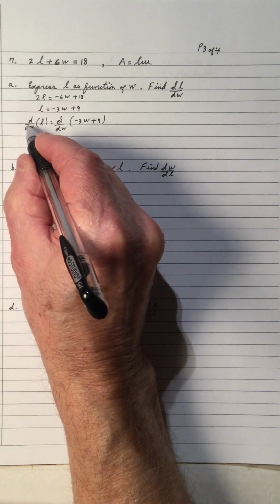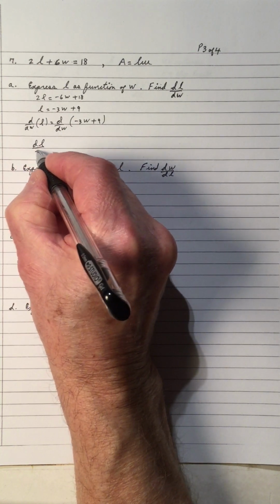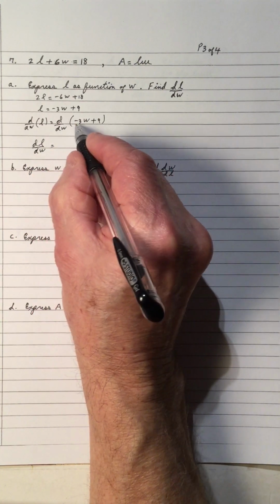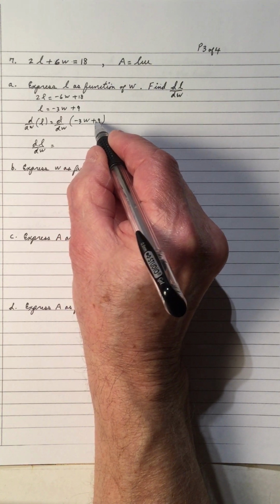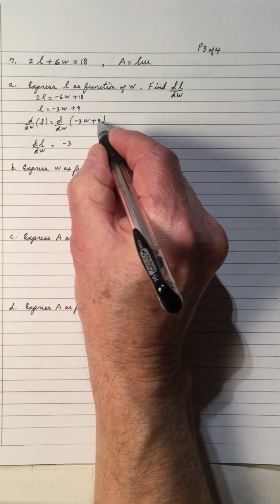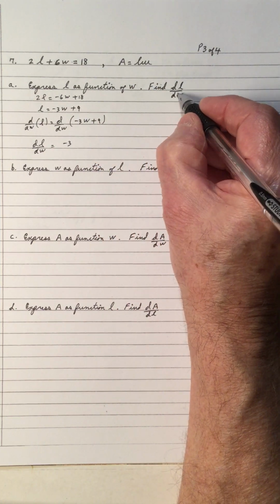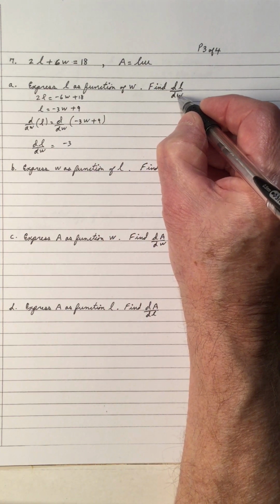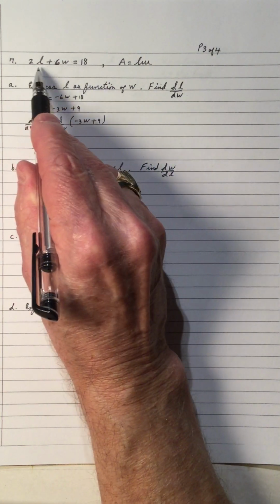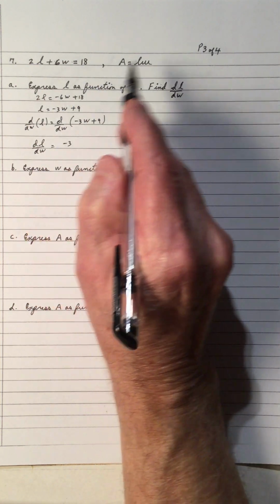So d dw on the L is dL dw, and d dw on negative 3w plus 9: derivative of negative 3w is negative 3, derivative of 9 is 0. So again, in order to do dL dw, I have to have L expressed in terms of w, that's why I solved this equation for L. So the length is a function of the width.